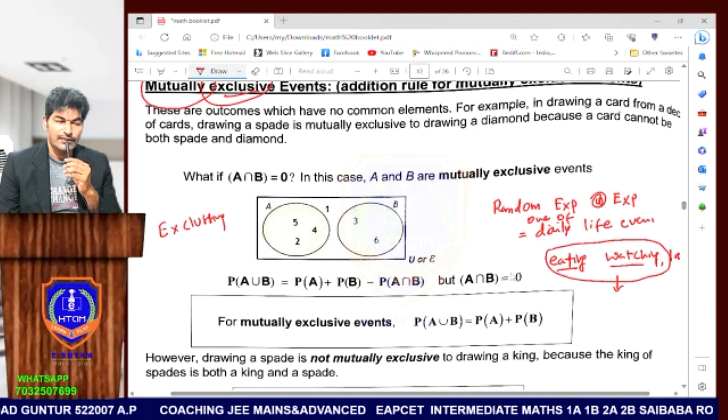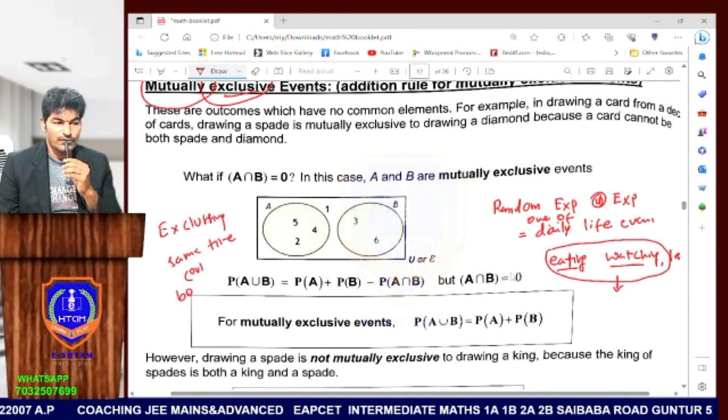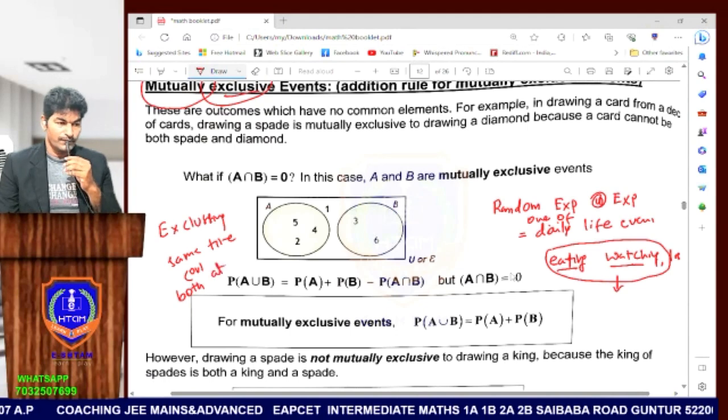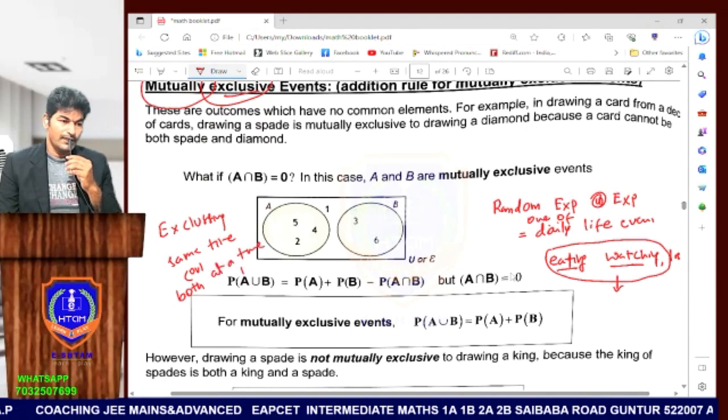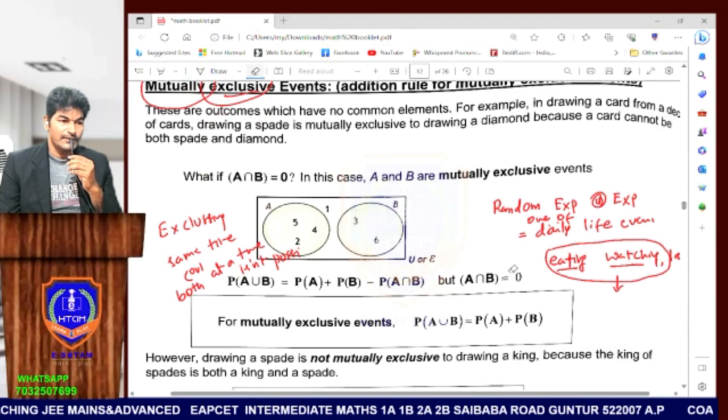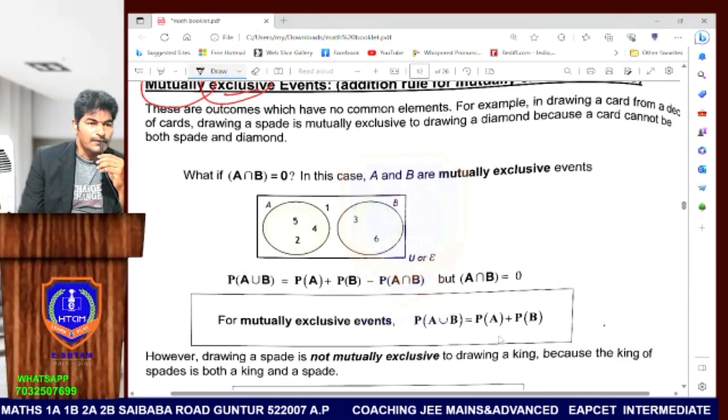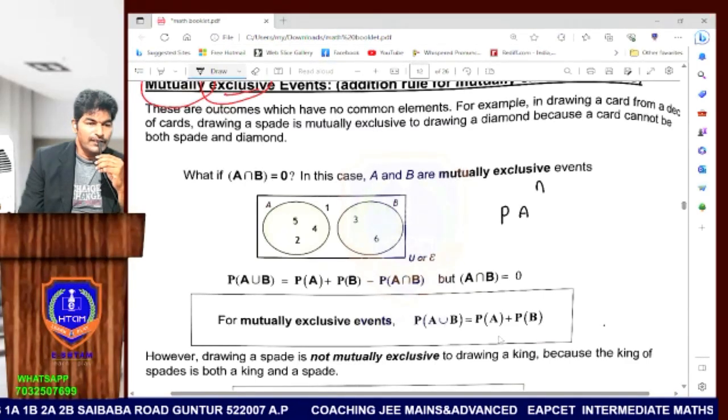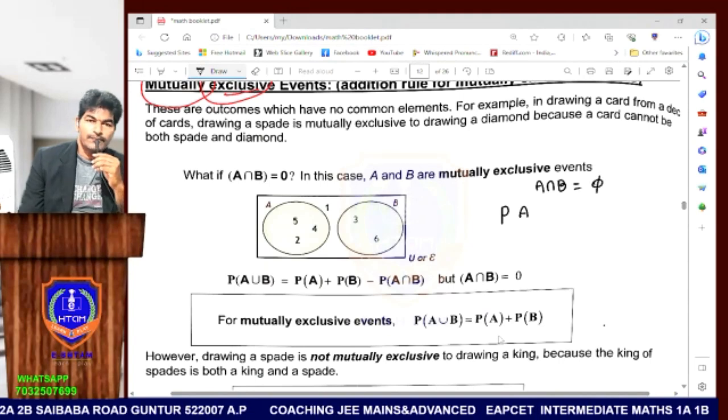Exclusive means same time not possible. Both at a time is not possible. That is what is called, P of A intersection B is empty.